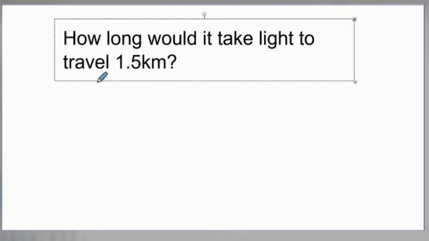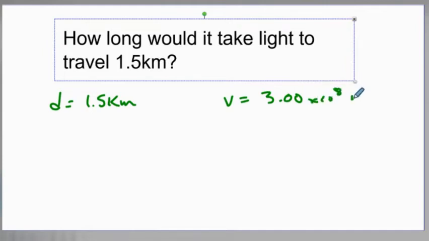So maybe you're asking, how long would it take light to travel a distance of 1.5 kilometers? Now remember that the speed of light is, I'm going to round it off here, 3.00 times 10 to the power of 8 meters per second. Because the velocity is in meters per second, I'm going to convert this into meters.